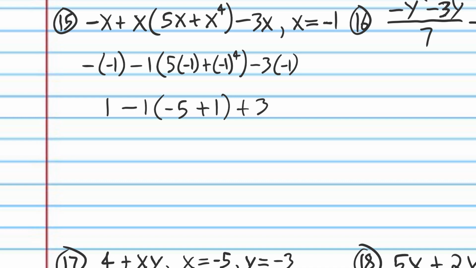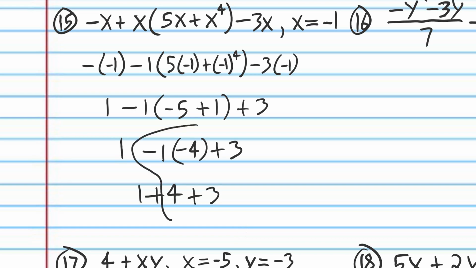Let's see, what can we do now? Let's do the parentheses. So -5 plus 1 is -4. And -1 times -4 is +4. So again, we did this part here to get +4. And our final answer is 8. So if you got 8, good job.